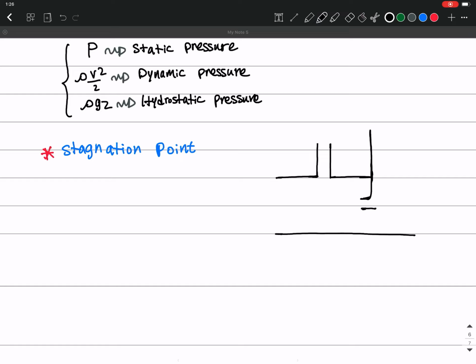And we have two manometers for measuring the pressure. Okay, and we have a velocity profile, an incoming velocity in the inlet, as this.